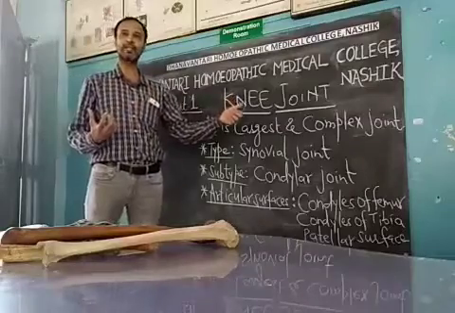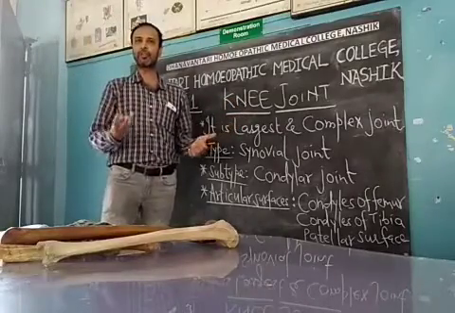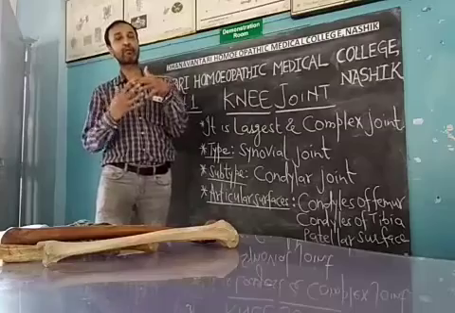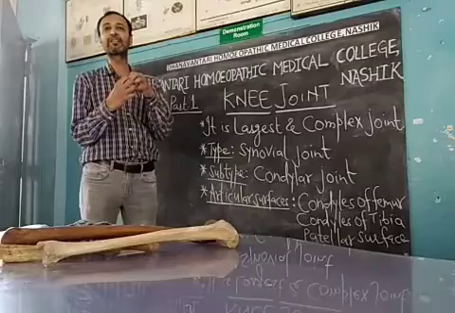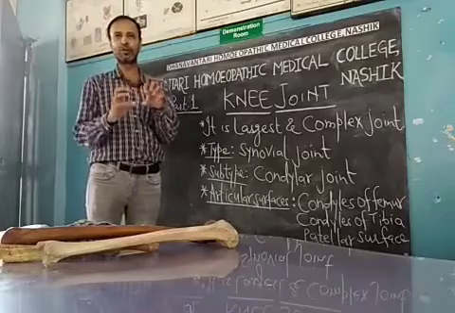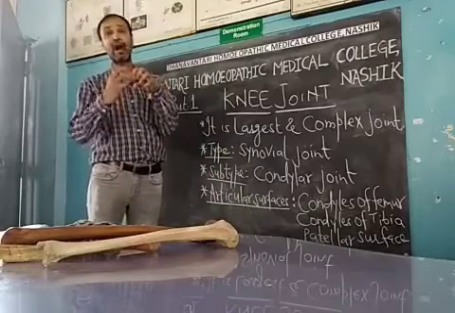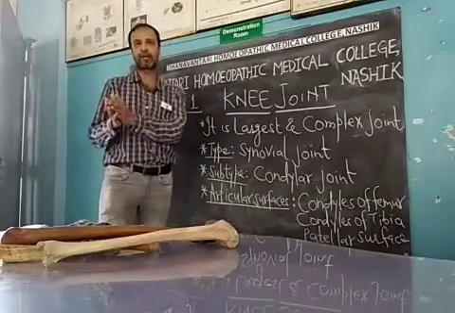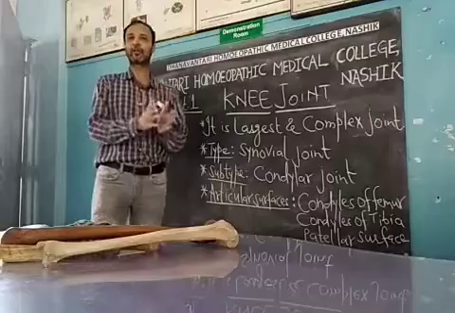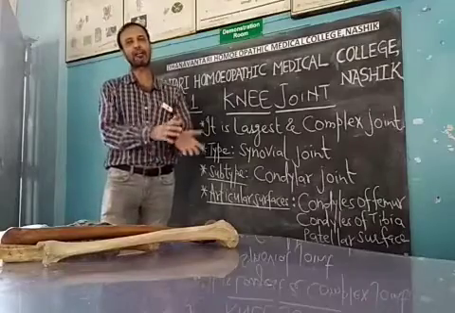Now why is it called complex? Complex because here the fusion of three parts, or three small joints, is joined together. Though the bone is only one, there are parts of the bones: the medial condyle of the tibia and medial condyle of the femur, and the lateral condyle of the femur and lateral condyle of the tibia.